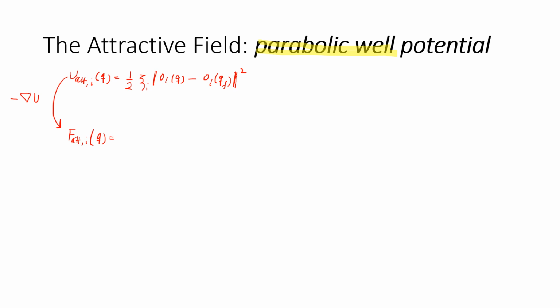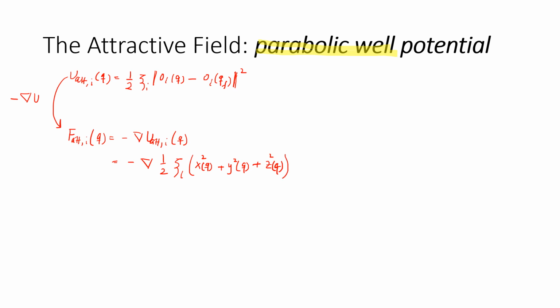So that is going to be minus delta of U attractive on that joint, and that is going to be minus delta of half zeta i times x squared on q plus y squared on the q plus z squared on that configuration q.